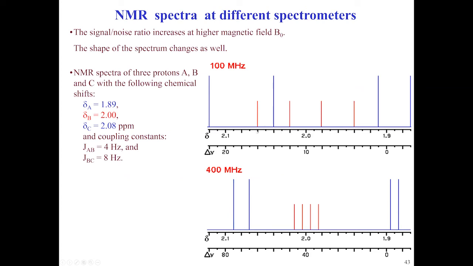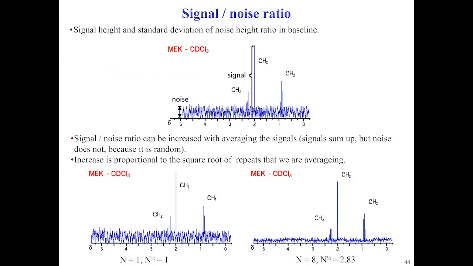You see, when you go to lower field, chemical shift has no change. Coupling constants have no change, but it becomes very difficult to discern which is which. And this certainly is one reason why you would want higher field, to get better resolution. I did say earlier on that higher field, higher B0, higher megahertz or gigahertz nowadays, gives you better sensitivity. And this example shows us that it also gives better resolution, and this becomes extremely important.